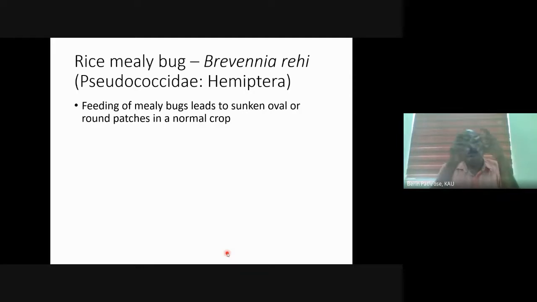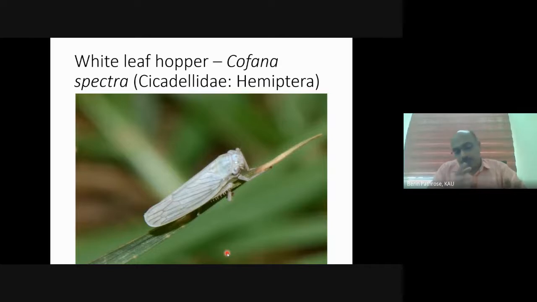Because normally this mealybug attacks in a small area initially. So just like hopper burn, which you have studied in the case of BPH, in small patches the damage will be there initially. So there will be drying in patches. I haven't seen this damage, so I don't have a picture of it. Just remember that mealybug Brevennia rehi is a pest which causes drying up of the crop.